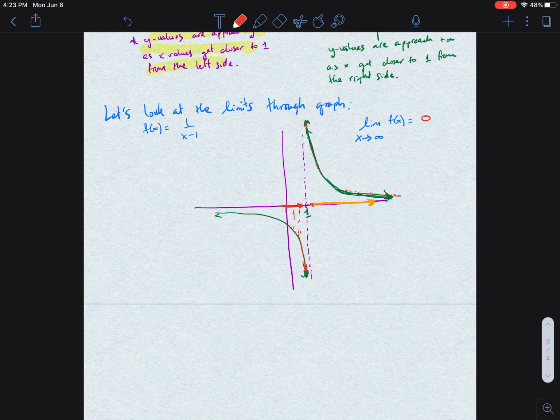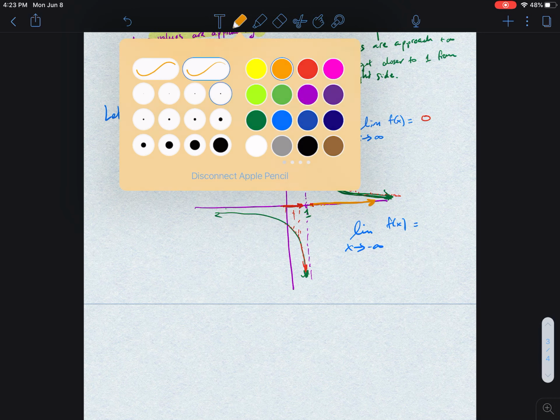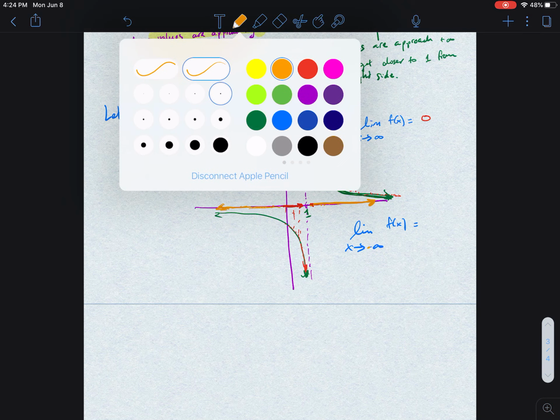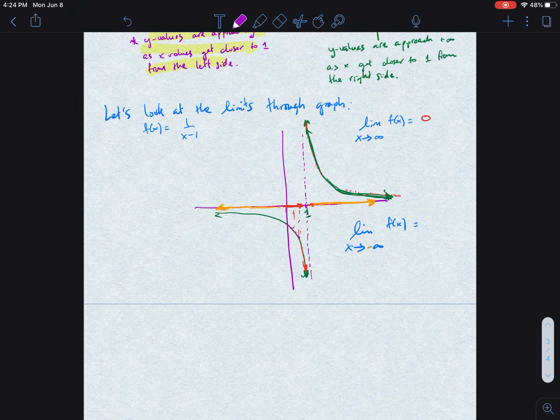Okay, very similarly, we have the limit as x approaches in the negative direction of f of x. Well, if that's the case, we let x tend to negative infinity. Okay, that's what this means. We are observing the y value. As x goes to negative infinity, the y value is decreasing to negative infinity.